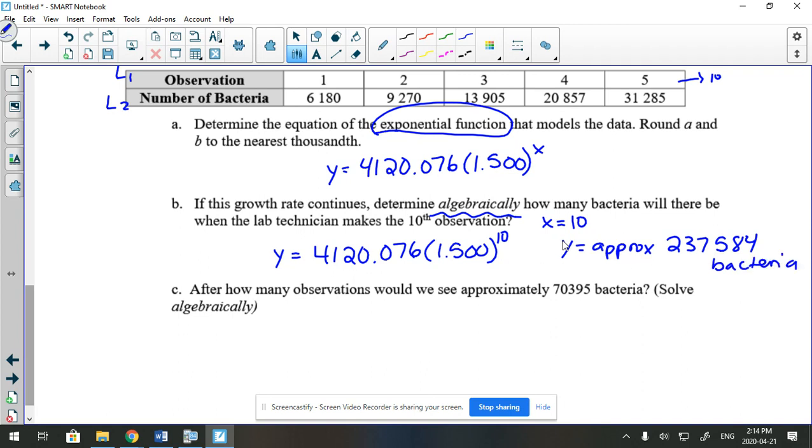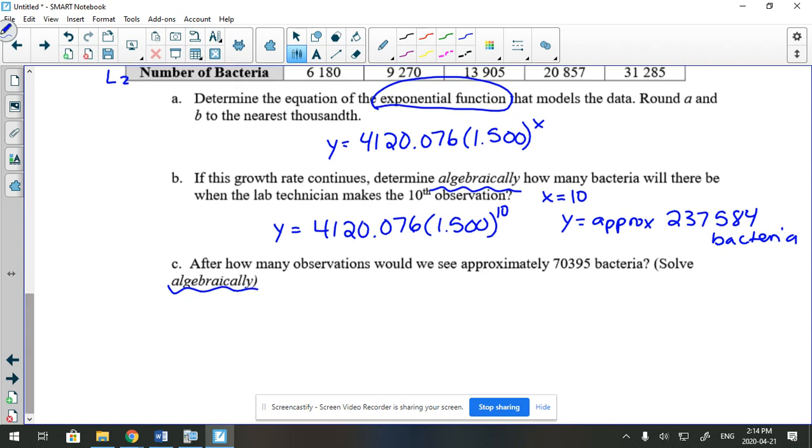We can do the same thing here as well. It says, after how many observations would we see approximately 70,395 bacteria? It says solve algebraically, that means I want to see your work for it. That's telling me my y value is 70,395, and I want to solve for x. So we're going to use our equation, and instead of y, I'm going to replace it with 70,395.